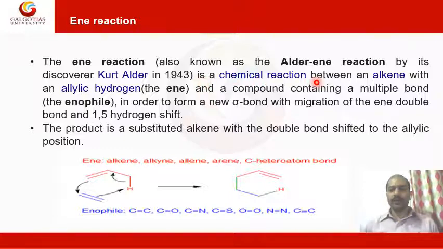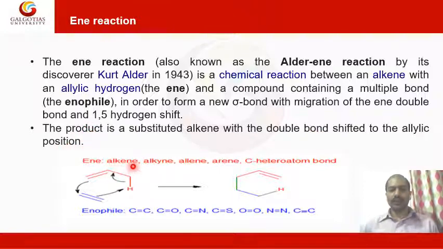It is a chemical reaction between an alkene with an allylic hydrogen, which is called, in general, the ene, and a compound containing a multiple bond, which is called the enophile, to form a new sigma bond with migration of the ene double bond, and a 1,5 hydrogen shift also takes place. So the product is a substituted alkene with the double bond shifted to the allylic position.